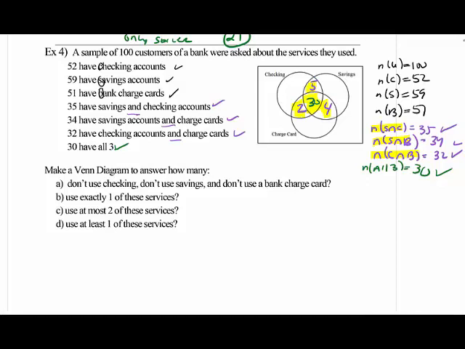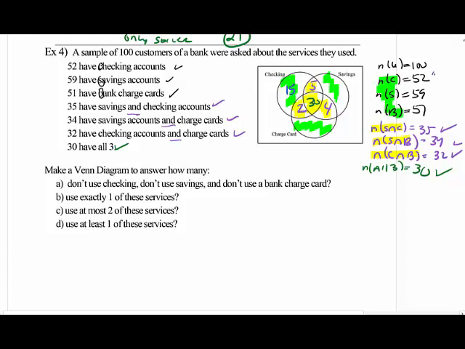Now we're going to go to our next area, which is going to be using what's left over only in checking, only in savings, and only in my charge card. So I have 52 in checking. Right now I have a total of 37. So I have a left over 15.